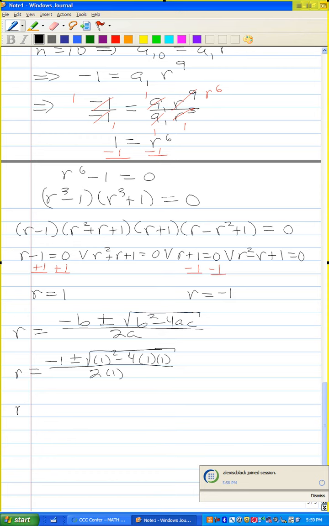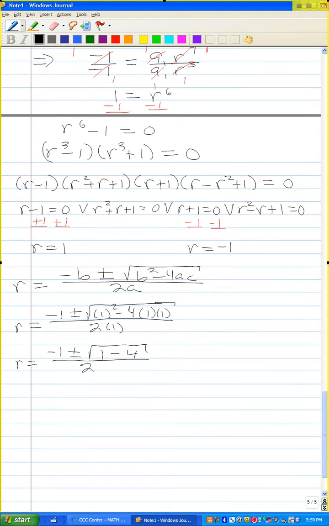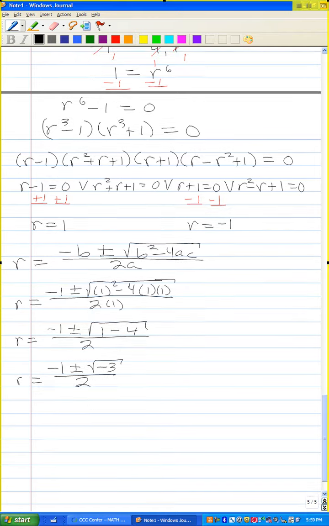So r is equal to negative 1 plus or minus the square root of negative 1 squared is 1. 4 times 1 times 1 is 4, over 2. So r is equal to negative 1 plus or minus the square root of negative 3 over 2.